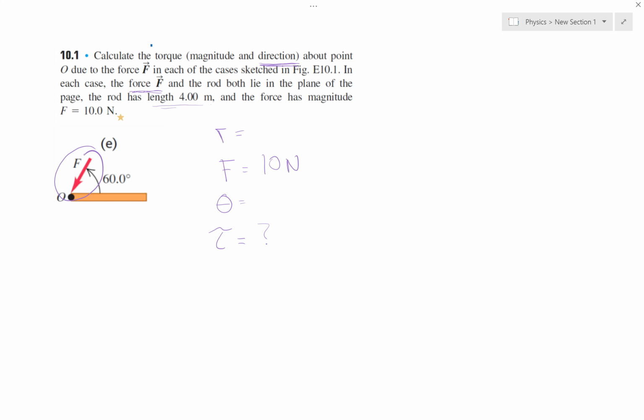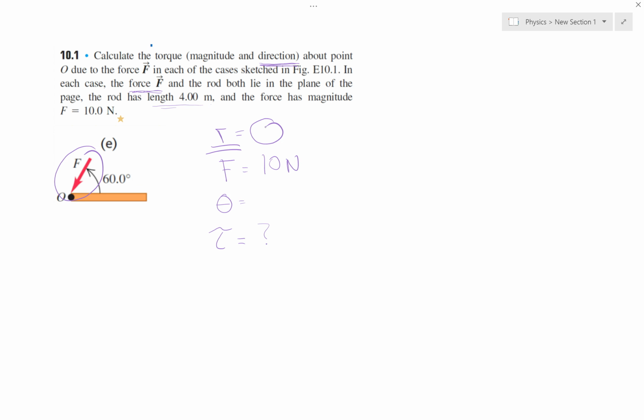This tells us that the distance between the axis of rotation and the applied force, in other words the lever arm, this R value, is going to end up being 0.